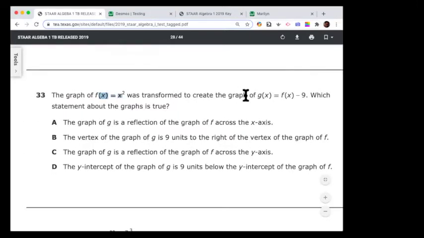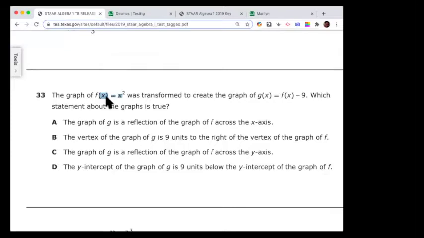So make sure that you understand that this value here is now going to appear over here, so that this new graph is equal to that function value minus 9.